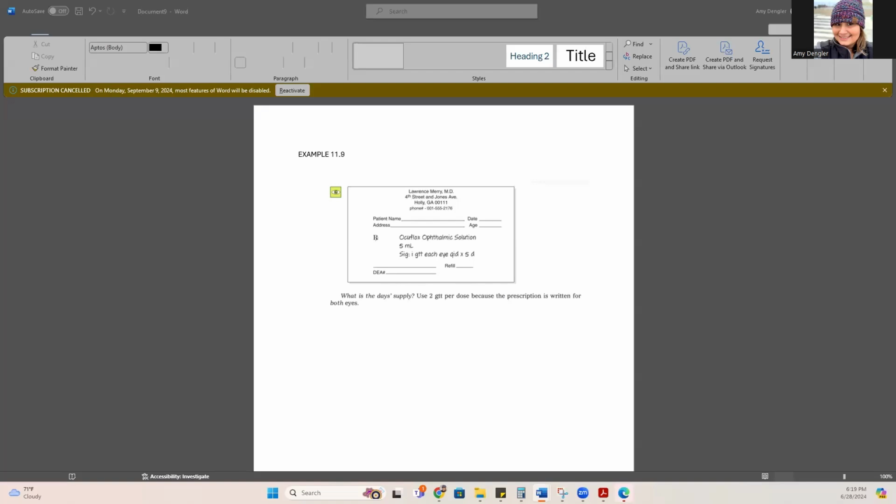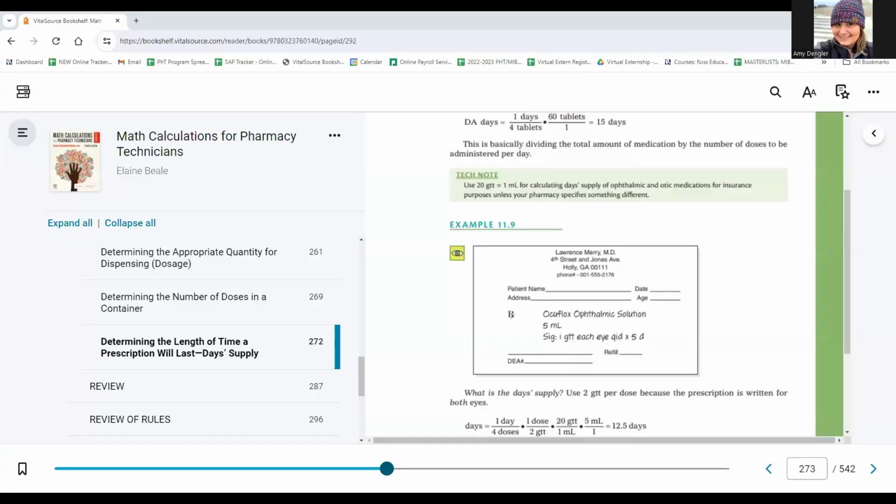It tells us in the book that we should use 20 drops per ml for calculating day supply for insurance purposes.